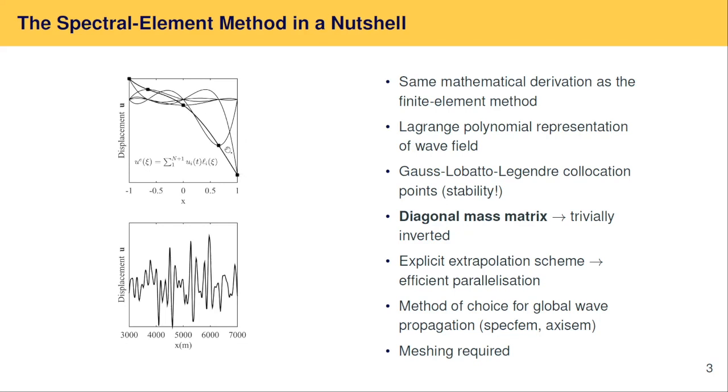So the fine lines are basically the Lagrange polynomials, or the basis functions, that correspond to each of those individual collocation points. You can also call them cardinal functions. Okay, and you see the equation here.